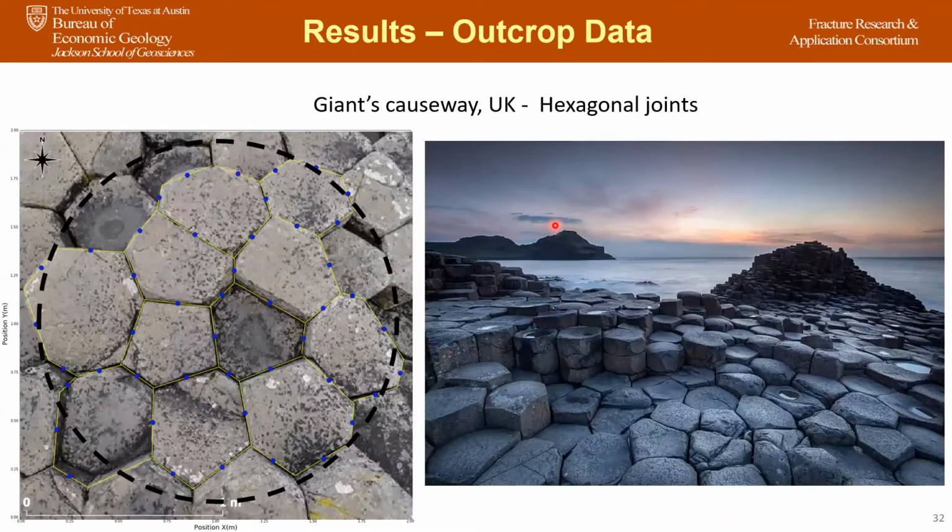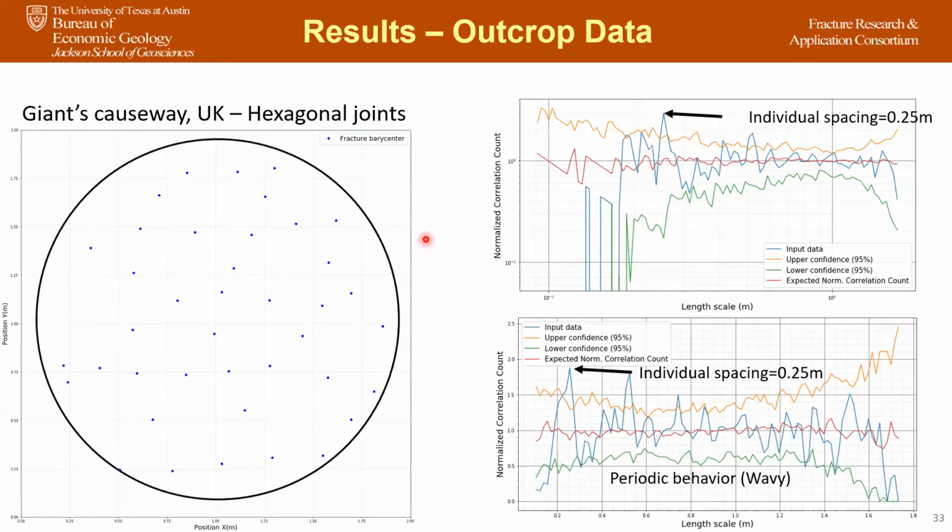If we go up to the UK and take these beautiful images of the columnar basalts from Giant's Causeway, there are beautiful hexagonal joints, and we digitized some of these aerial images and calculated the barycenters from these fractures too. And it turns out that the barycenters from these structures give us a similar wavy pattern, right? With troughs and peaks going up and down from the confidence limits all the way through the length scales.